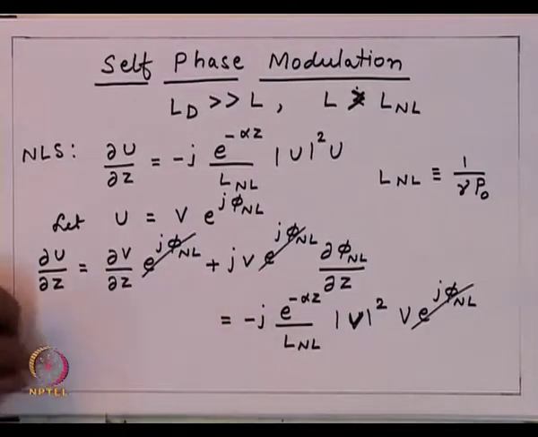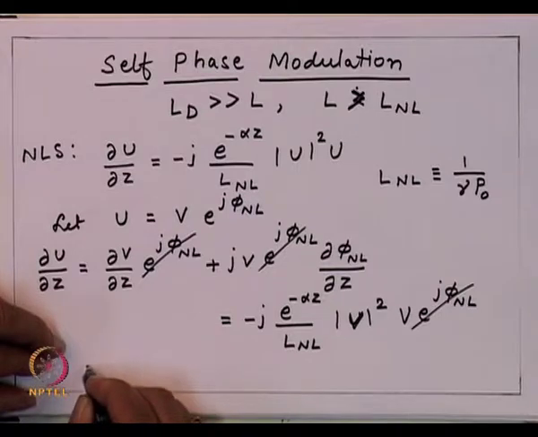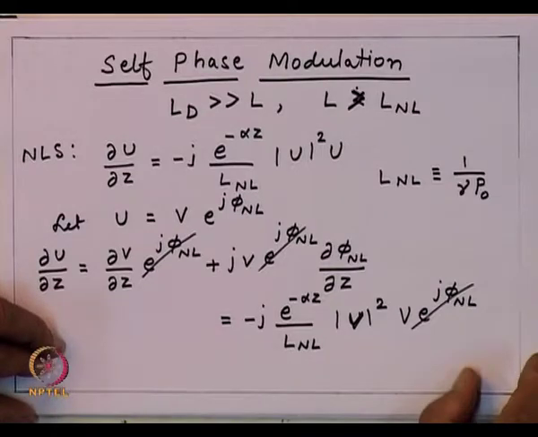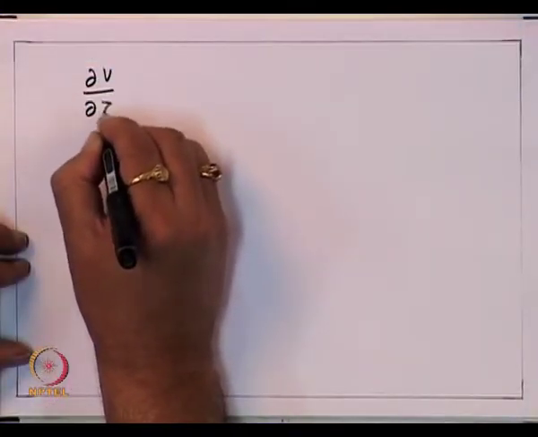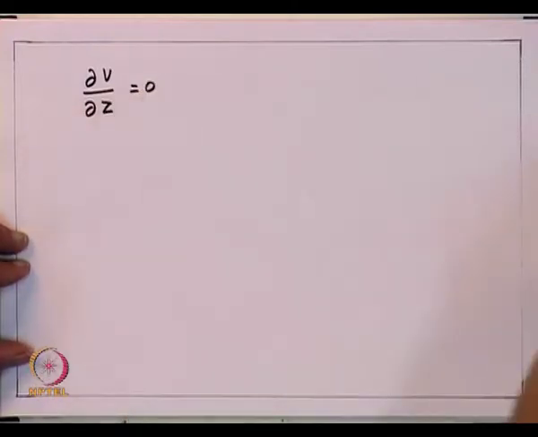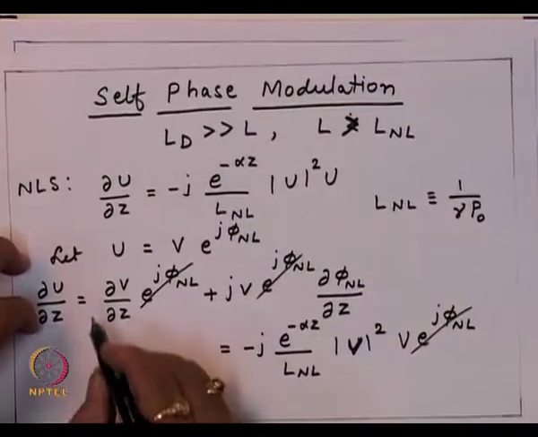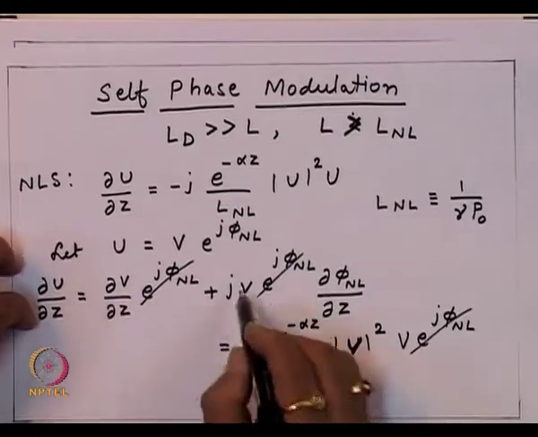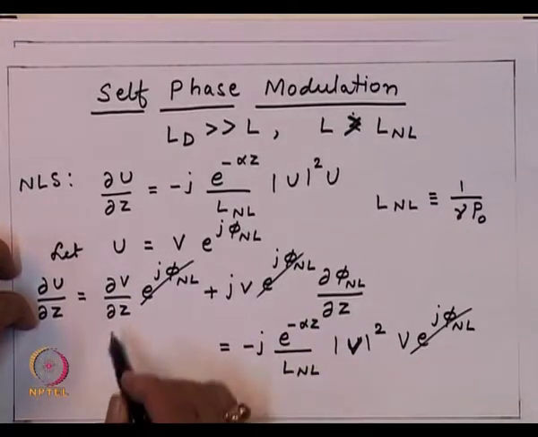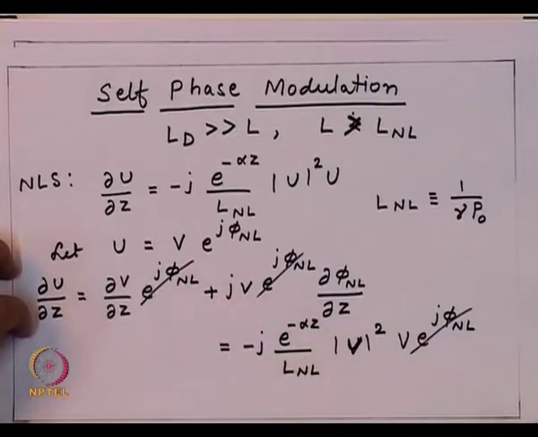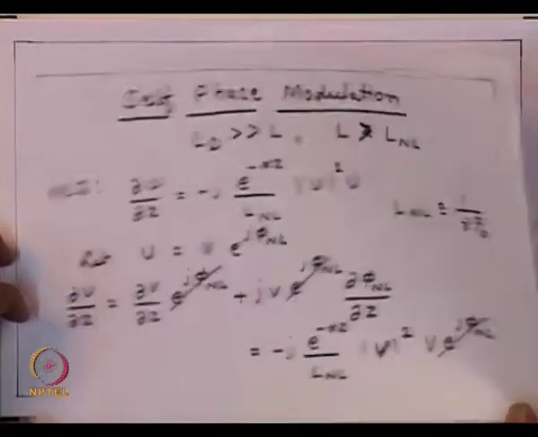So, two equations we get from here. One is that dv by dz equal to 0, that comes from this. Here is the real term, this term is imaginary, this term is imaginary. So, there is no real term on this side. So, that means dv by dz is equal to 0.